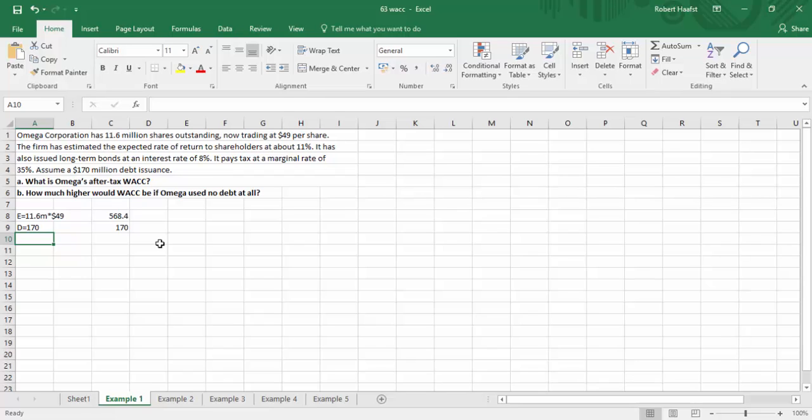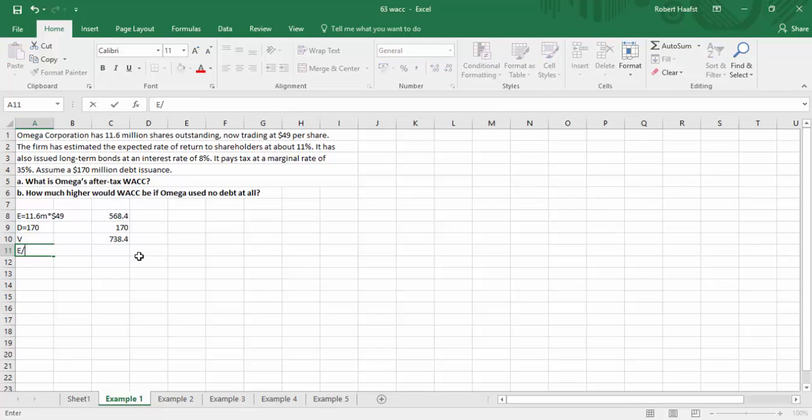Right? So the total value is the debt plus the equity, which is together 738 million. Okay? So now, what I always like to do is to calculate the ratios already.